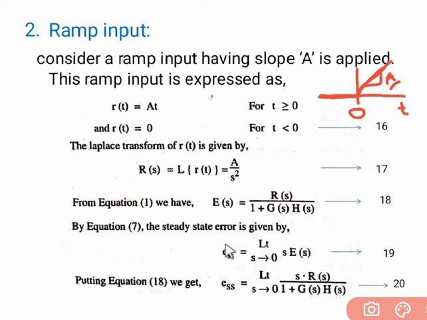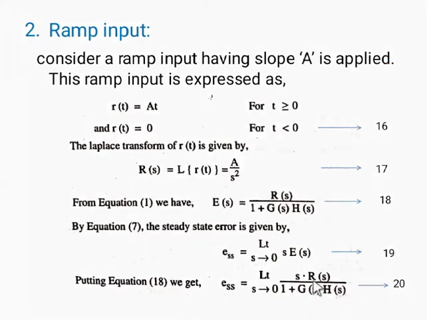Also the steady state error Ess is equal to limit s tends to 0 of sEs. So if you put the value of Es and Rs, the steady state error equation is limit s tends to 0 of s times Rs divided by 1 plus GsHs, and Rs equal to A by s square.